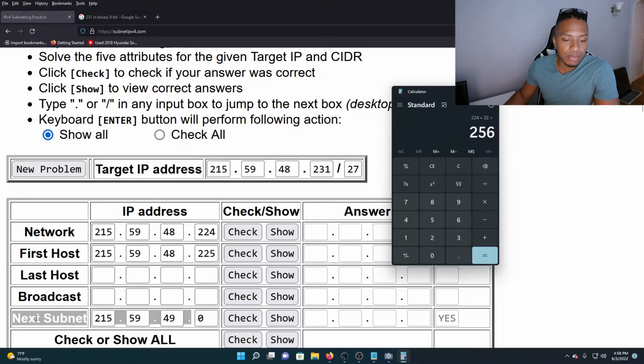Yeah, so let's find the broadcast. I'll do broadcast and then last host, because the broadcast is going to be the last IP address that's available below the next subnet. So essentially, you're just going to subtract 1 from the next subnet, and then you'll find whatever your broadcast is.